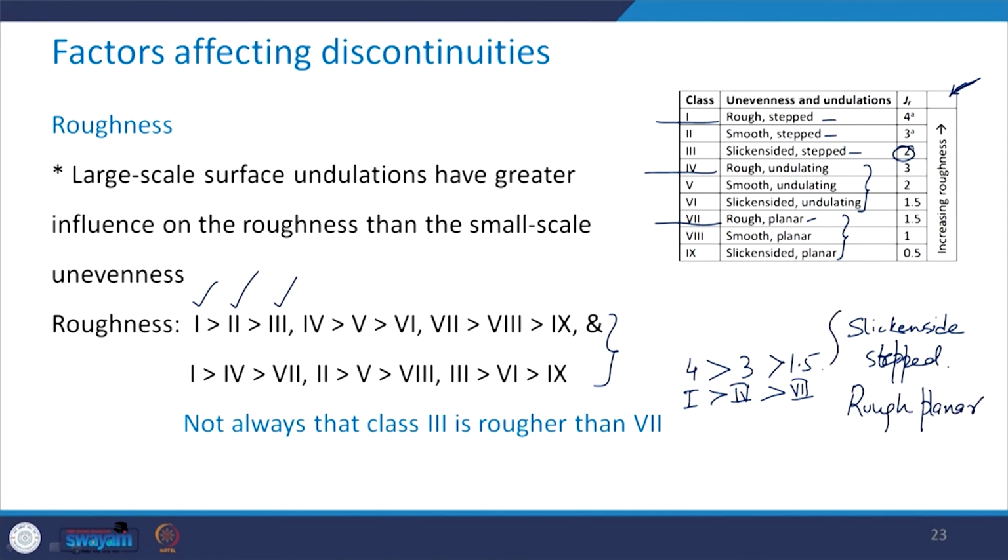So we cannot say for sure the relative roughness corresponding to these two categories. If you keep large scale roughness the same and compare with respect to small scale unevenness, then you can find a trend in all the categories, and the other way round is also true. But in such cases we cannot say that class 3 is always rougher than class 7.